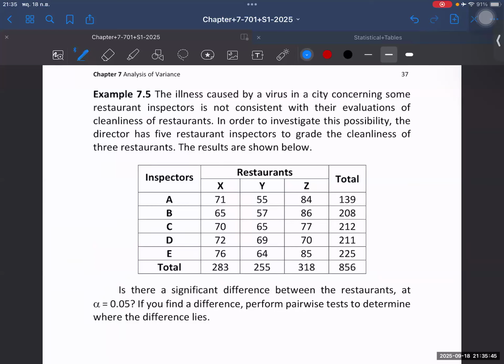So please read carefully. Okay, we see the example 7.5.